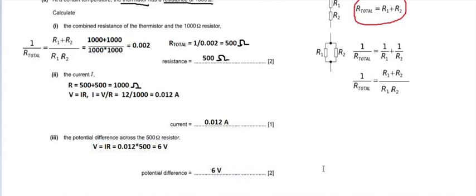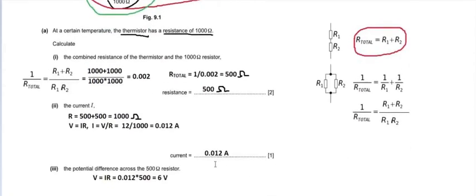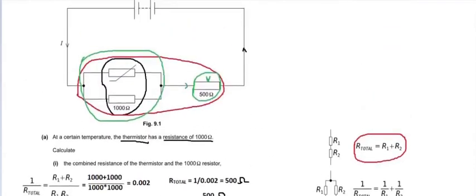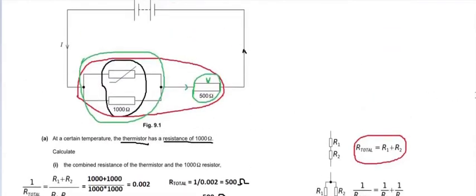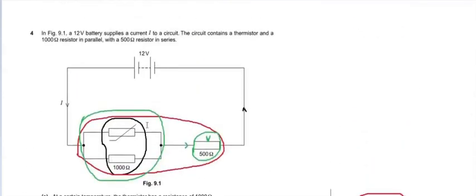So see, I have just used Ohm's law. We just need to know the current flowing through this 500 ohm resistance, and the current throughout the circuit remains the same, that is 0.012 ampere. The resistance value is already given, so V is I into R. So voltage is split across this combination and this combination.